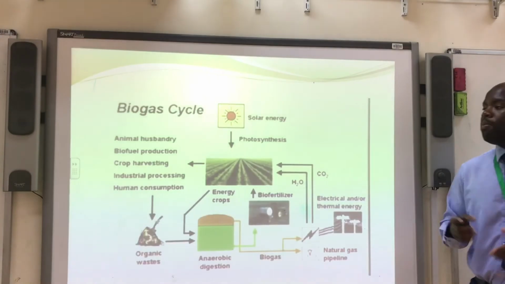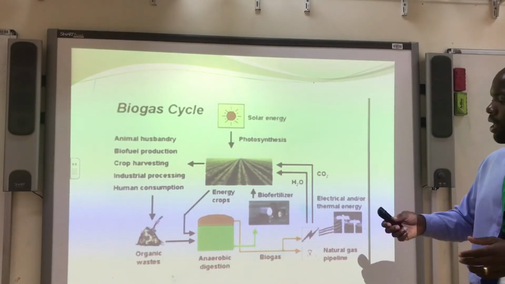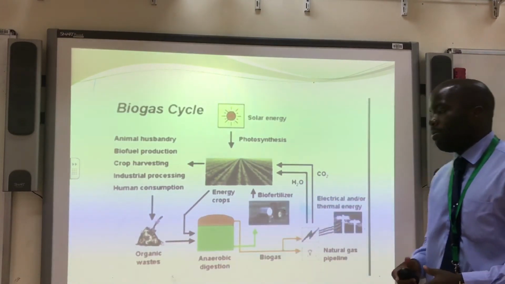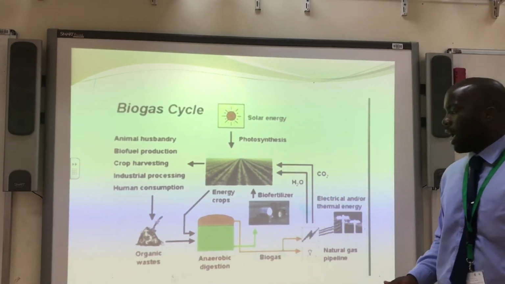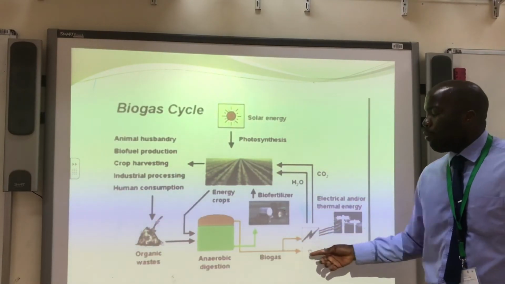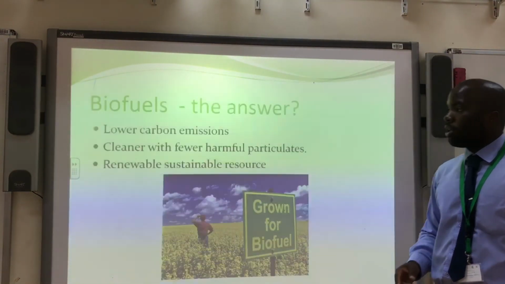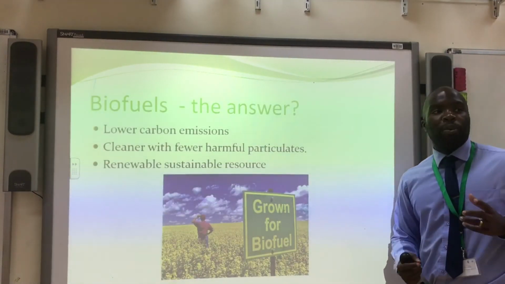So guys, it's really important that as part of your notes, you get down how the biogas generator works. In this example, we can see that the organic material is put into the digester. This digester produces the biogas, which is methane, but we can also use it for fermentation.